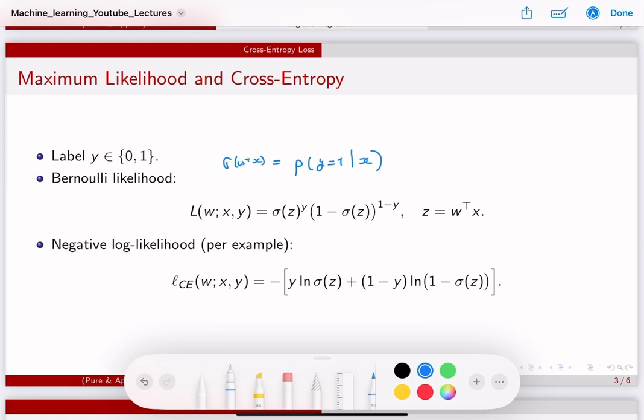And the likelihood is simply the probability of y being 1 to the power of y. Remember, y here is in {0, 1}. So when y is 1, I want the probability of y equals 1 to appear, and when y is 0, I want the probability of y equals 0 to appear. So we're going to use this Bernoulli likelihood.